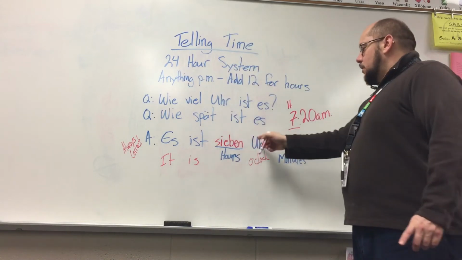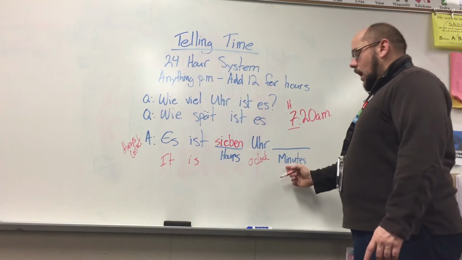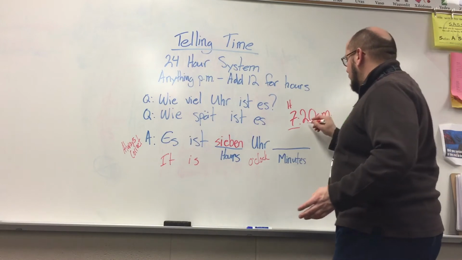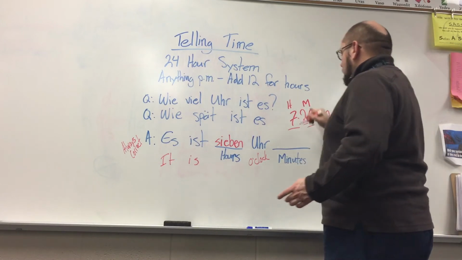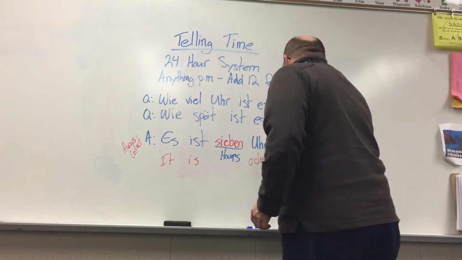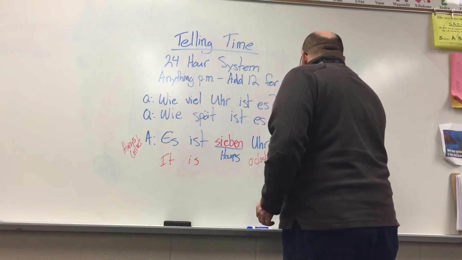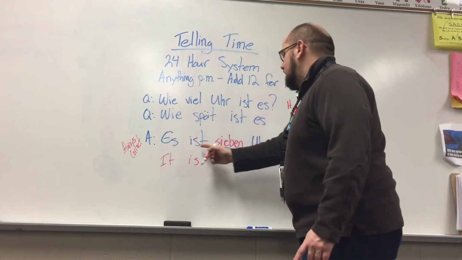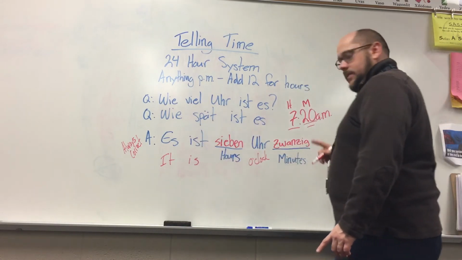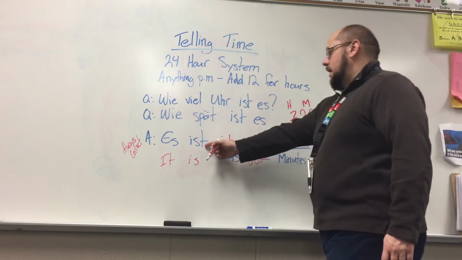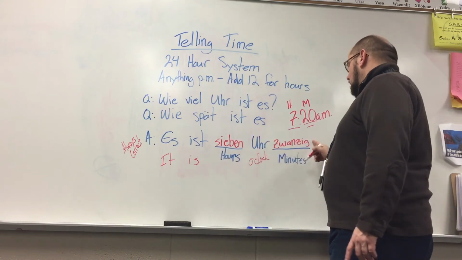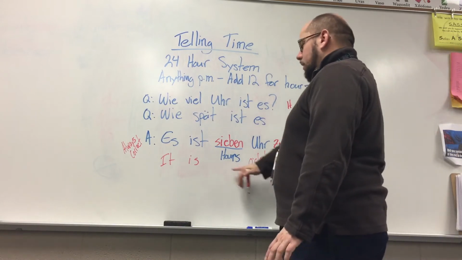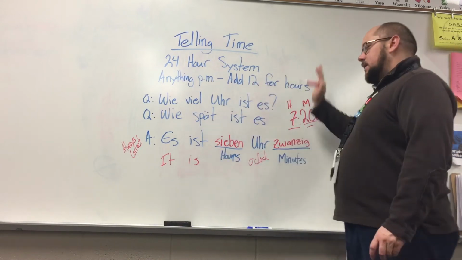So es ist 7 Uhr. It's 7 o'clock, and then we need our number for how many minutes we have. There's our minutes, 20. So then we put the 20 in there. Es ist 7 Uhr 20. This gives you a little bit of an idea on the basics of telling time.